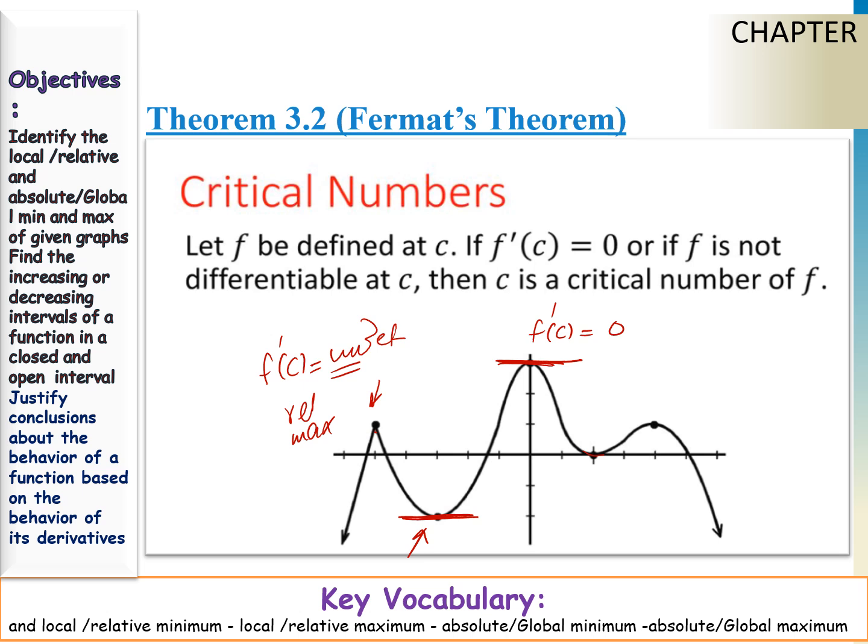Here again you make a tangent line, it's again equal to 0 and it is a relative minimum. Over here it is a relative maximum and the slope of the tangent line is 0. So this is how you can understand that a critical number is 100% a relative extremum.